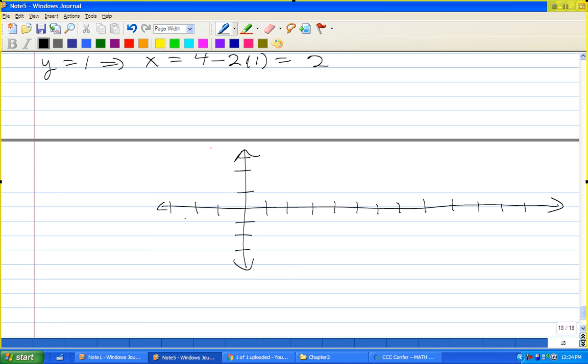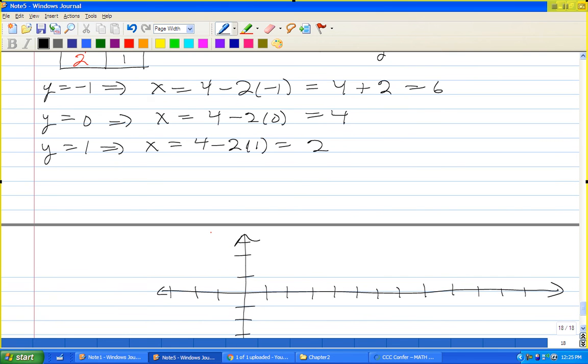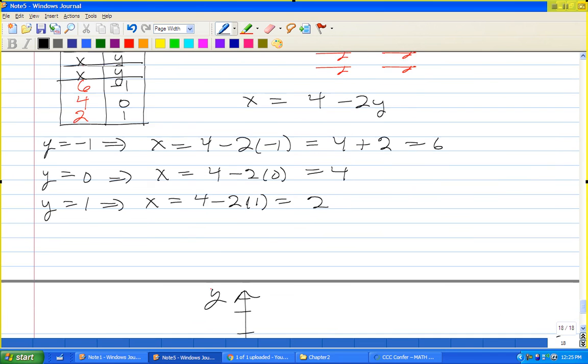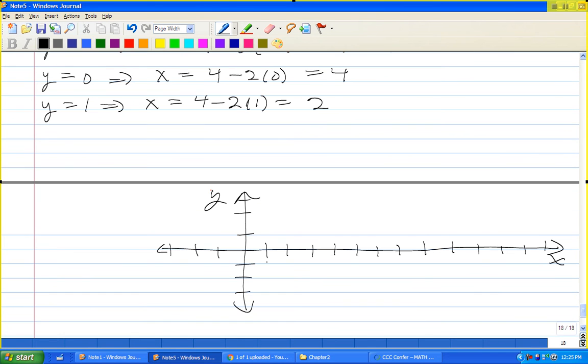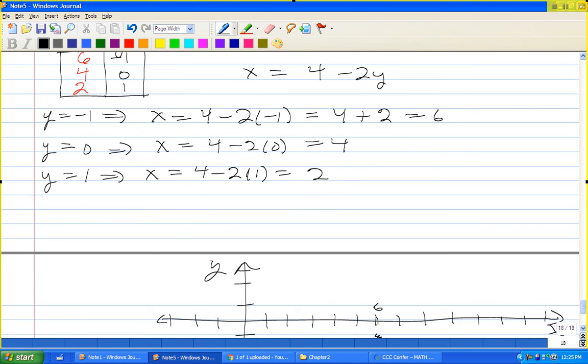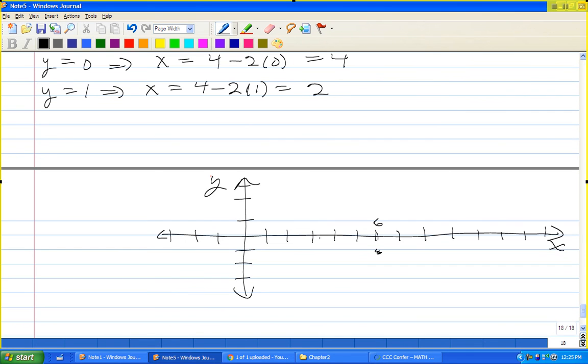Okay. So I have when x is 6, y is negative 1. When x is 4, y is 0.